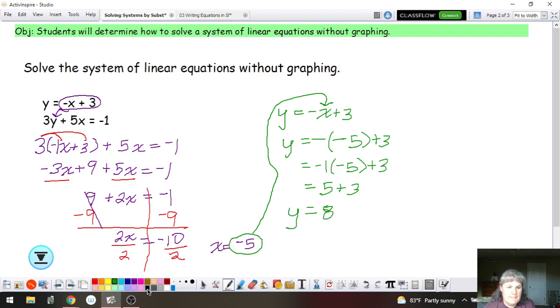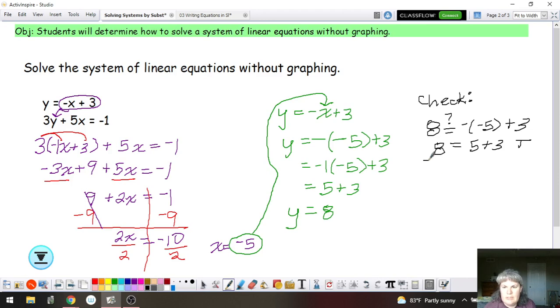And we should check. Make sure we did this correctly. So if I check with my first equation, does 8 equal a negative 5 plus 3? Well, a negative becomes a positive, and 8 does in fact equal 5 plus 3, so that's true.